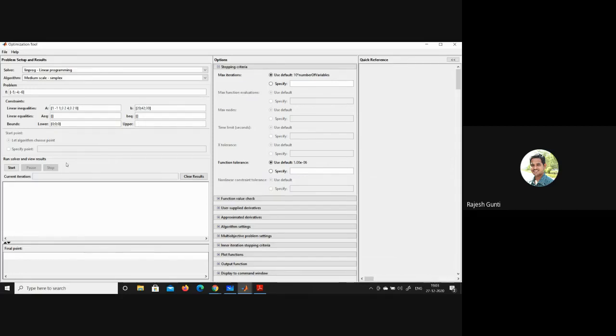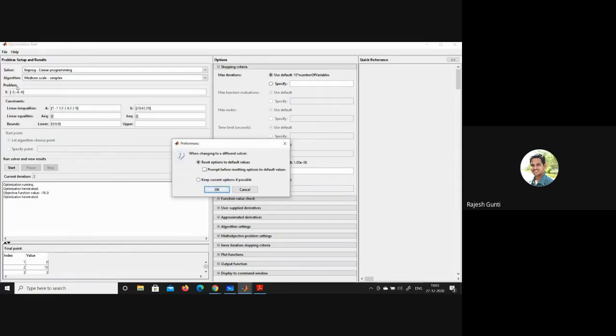No upper bounds. Okay. That's it. Hit enter and start. So the solution is -78. The first variable is 0, the second variable is 50, the third variable is 3.